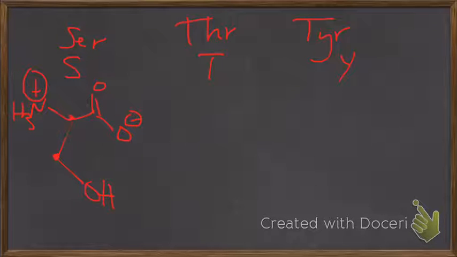Whereas threonine, the alcohol, the OH, is hanging off of the first carbon, the C beta carbon. And then finally we have tyrosine, and tyrosine is the phenol. So that would be tyrosine.